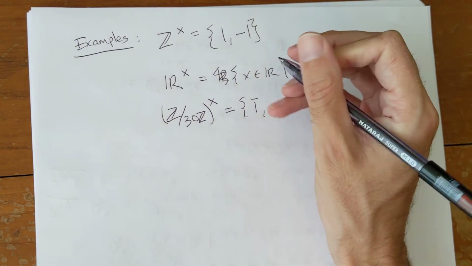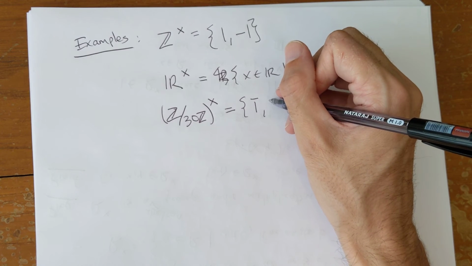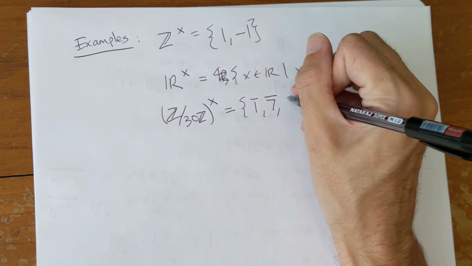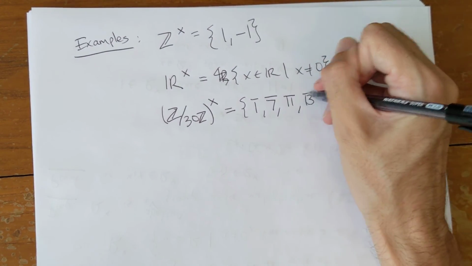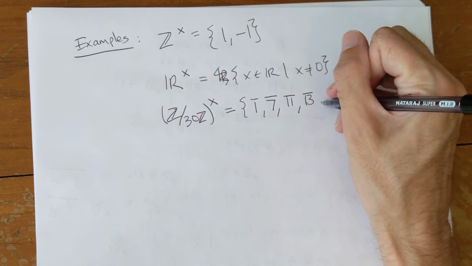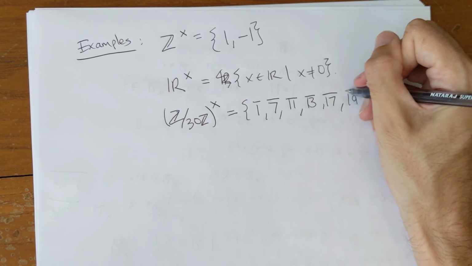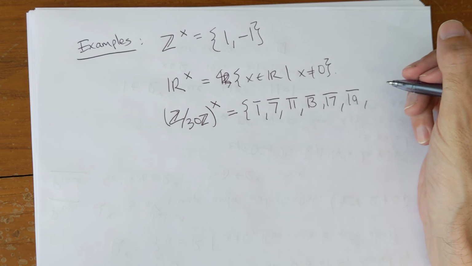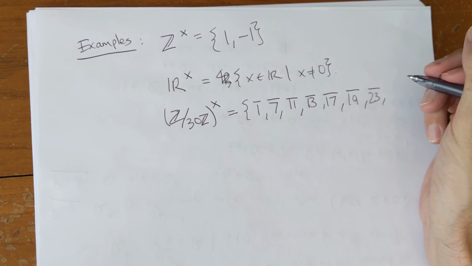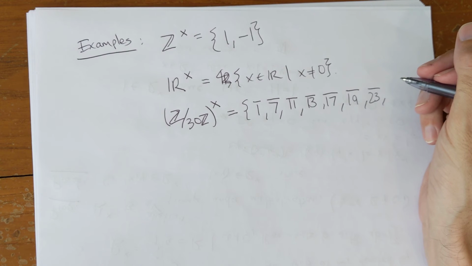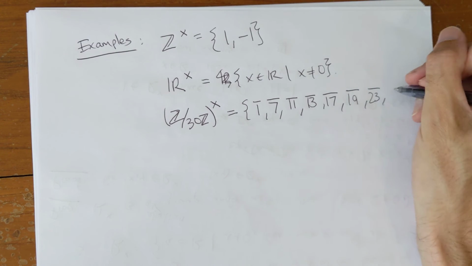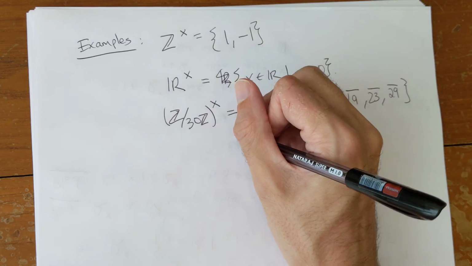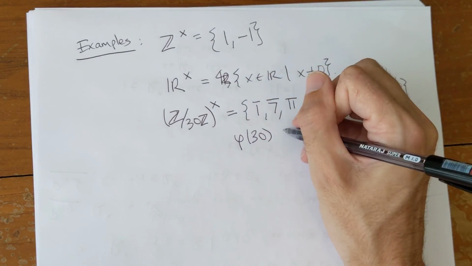So we have 1 bar, 7, 11, 13, 17, 19, 23, 29.